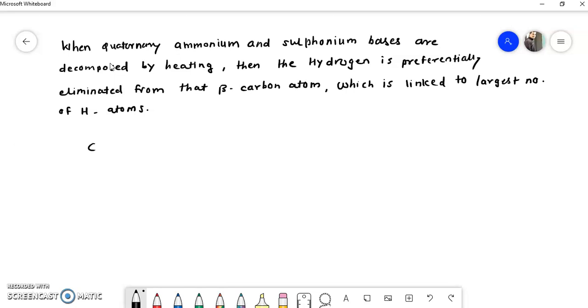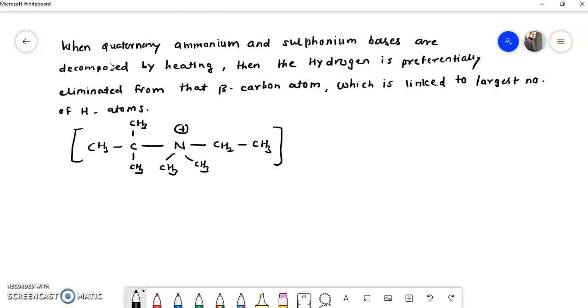You see here, I will take this example: CH3 C CH3, CH3, N, CH3 it will carry a positive charge, CH2 and then CH3. Okay, so this is the quaternary ammonium base, and to neutralize this positive charge, suppose in the surrounding there is an OH minus.